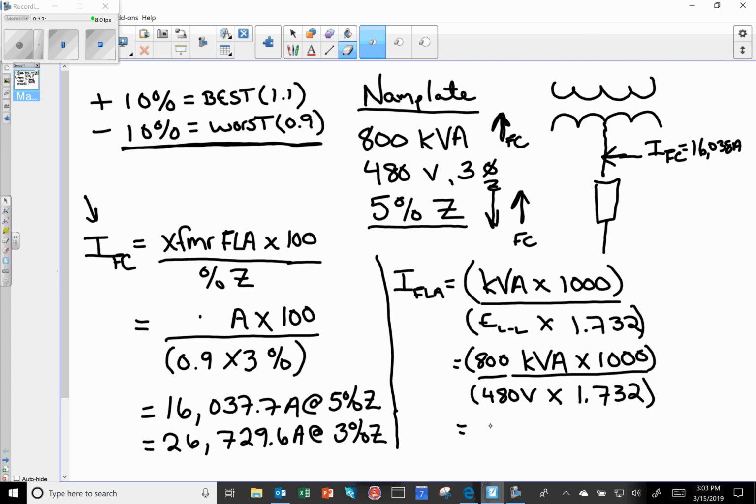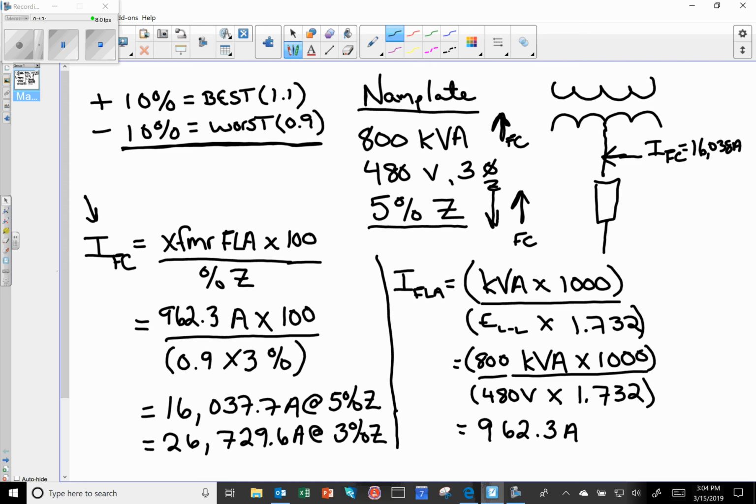That gives us full load amps for our transformer of 962.3 amps. So over here, we would type in 962.3.